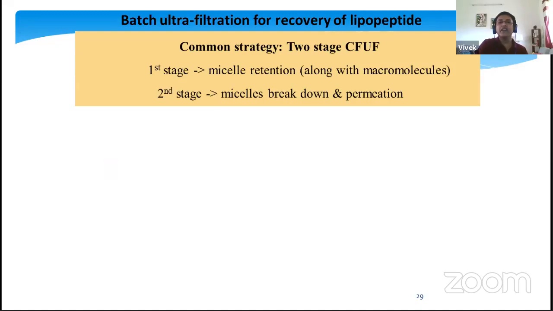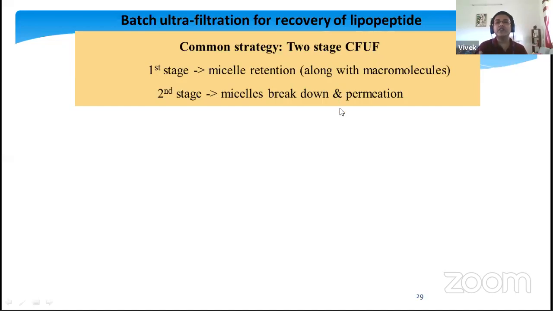But here we attempted a somewhat innovative approach to make this purification possible in a very rapid way, and in fact in a single stage we are able to obtain highly pure lipopeptide. The commonly used strategy is cross-flow ultrafiltration.